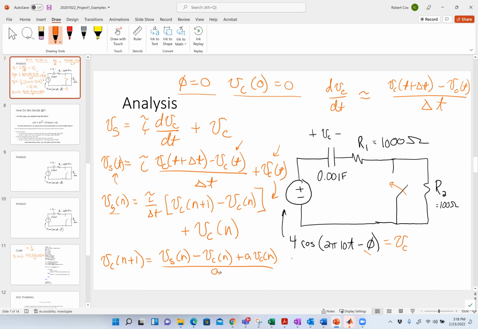This formula right here was derived assuming it was this form. If you have a differential equation that looked like this, then this relationship here is not valid. You would have to rewrite that. All the math that I just did here, I plugged this definition into this expression, and then I solved. Great question, Anthony.